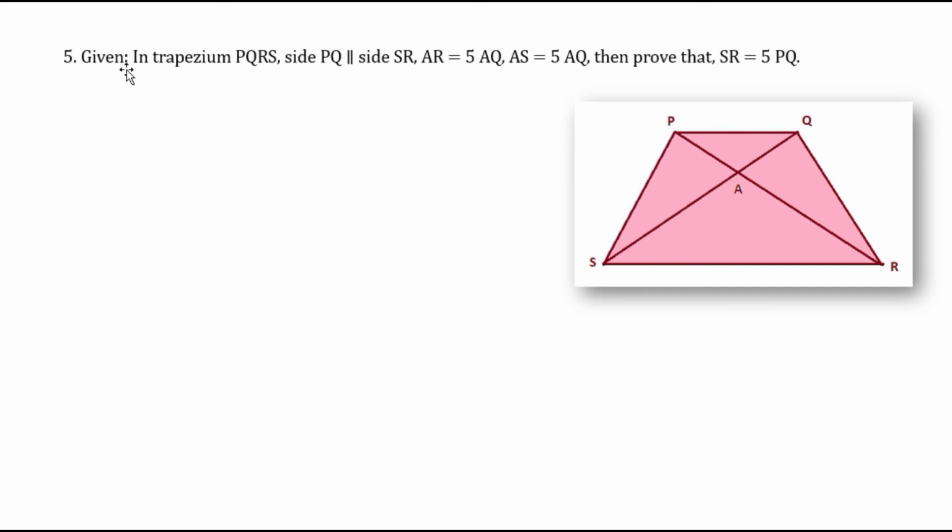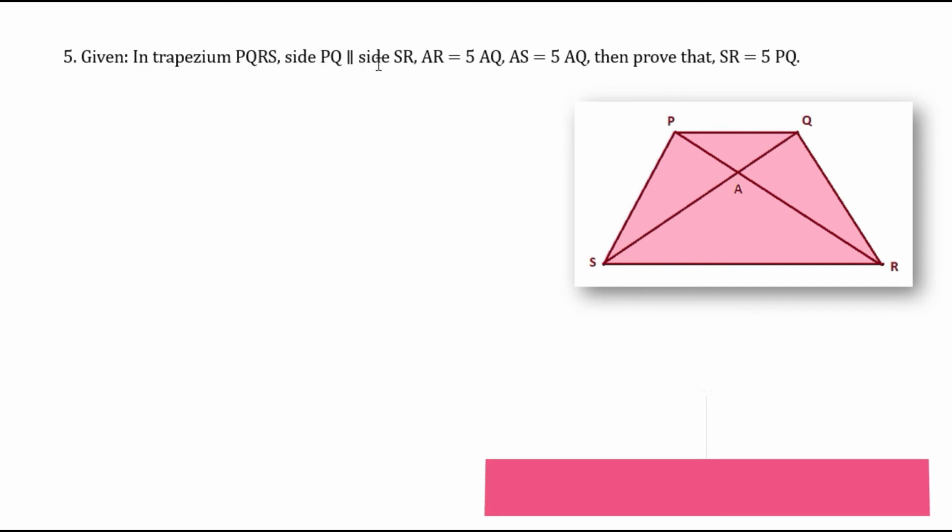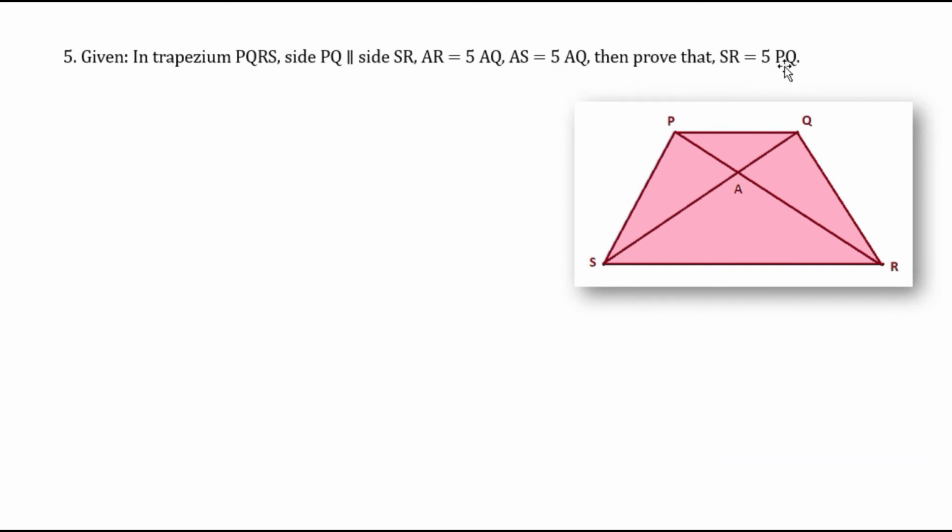Example 5. Given in trapezium PQRS, side PQ is parallel to side SR. AR is equal to 5AQ, AS is equal to 5AQ. Then prove that SR is equal to 5PQ. In the given diagram, PQRS is trapezium.